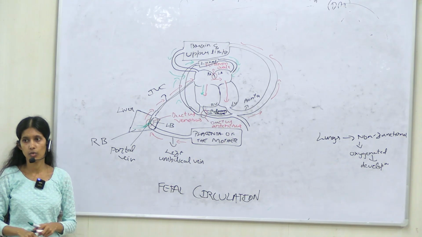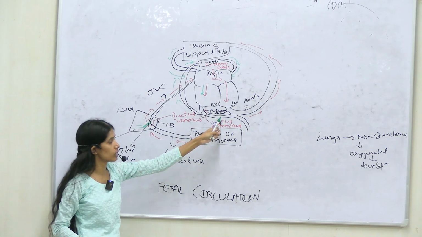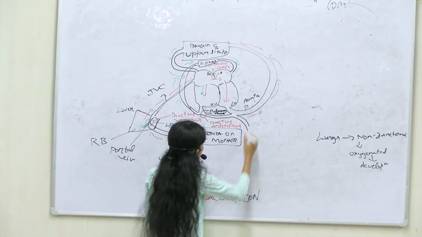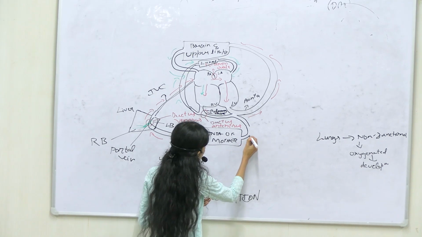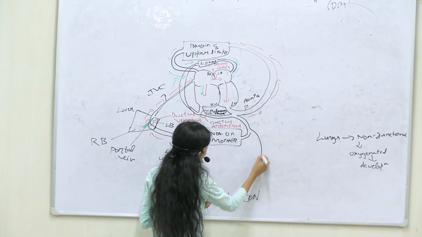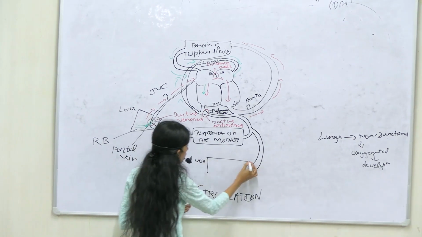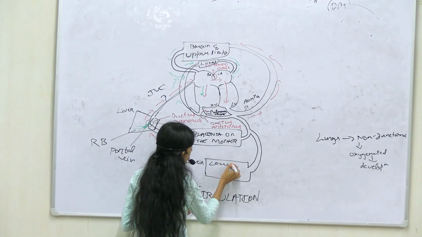Ductus arteriosus. Okay. Now the blood which flows through the ductus arteriosus will return back to the placenta of the mother. And some amount of this blood will also go and supply your developing lower limb.